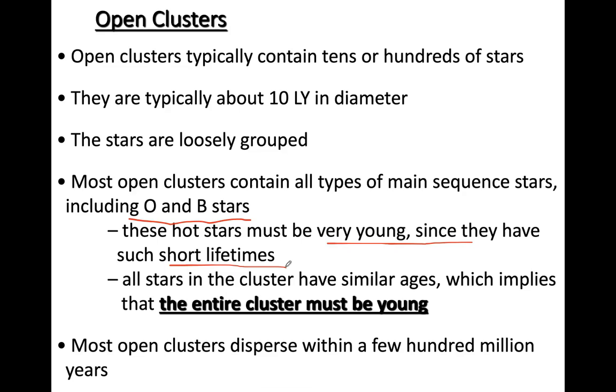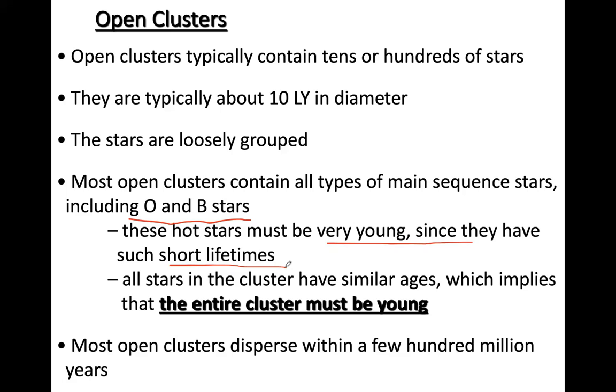Now, as I told you, all the stars in a star cluster begin from a molecular cloud, and because of that, all of them should have the same age, but different initial properties. Some of them will be O and B type stars, and others will belong to different spectral classes.